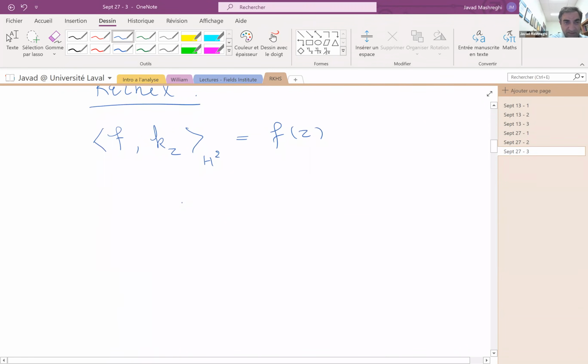So on one hand, we know that f of z is given by the sum of a_n z^n. On the other hand, the question is what k_z should be.